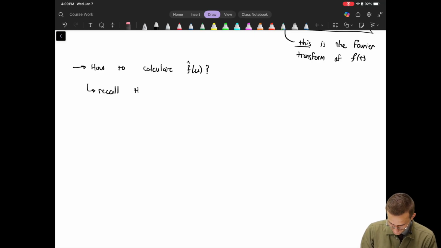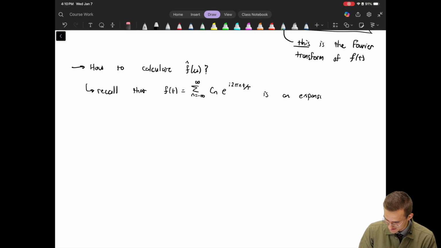So recall that f of t written in the Fourier series representation, which is the sum from n equals minus infinity to infinity of Cn e to the i 2 pi n t over T, is a series expansion of the periodic extension of f.